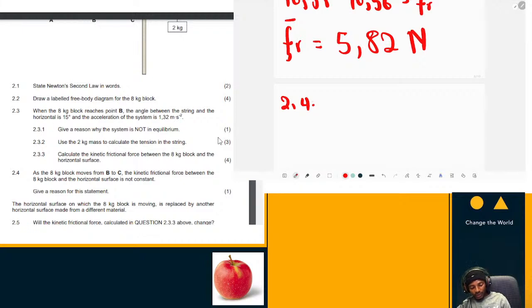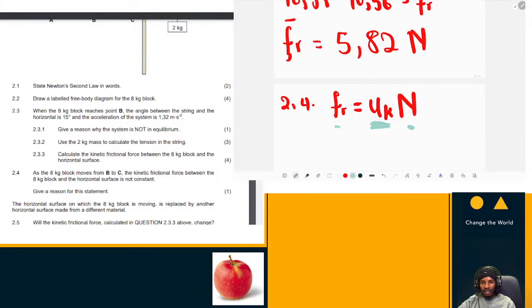We define the kinetic frictional force by the product of the coefficient of kinetic friction times the normal force. If we don't change the surface, the coefficient of kinetic friction will remain constant. Therefore, if there is a change in friction, there must be a change in the normal force.